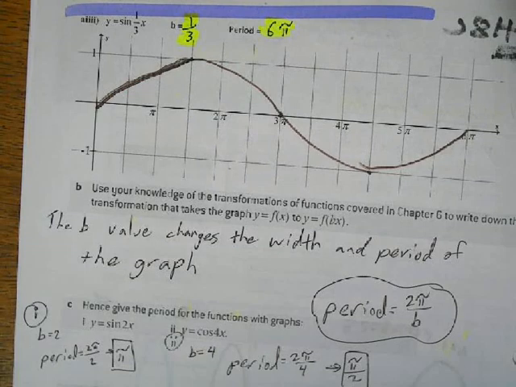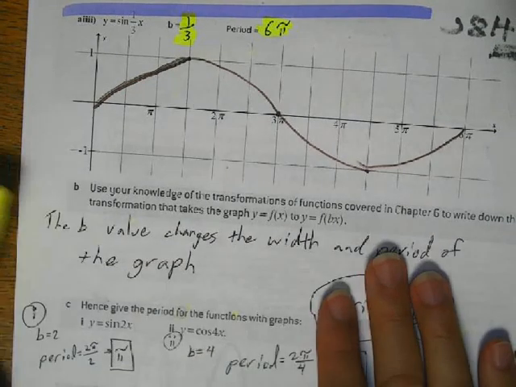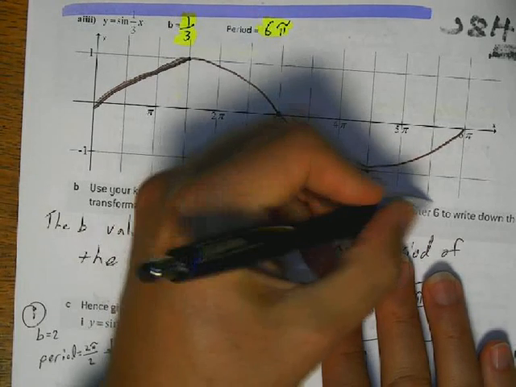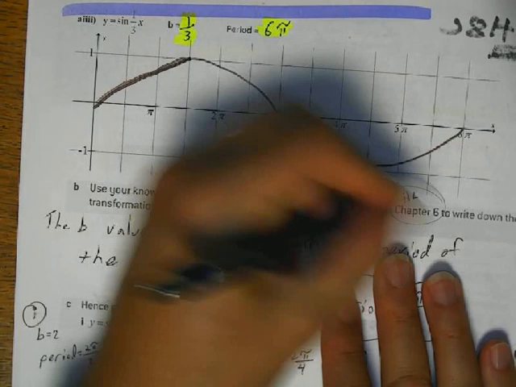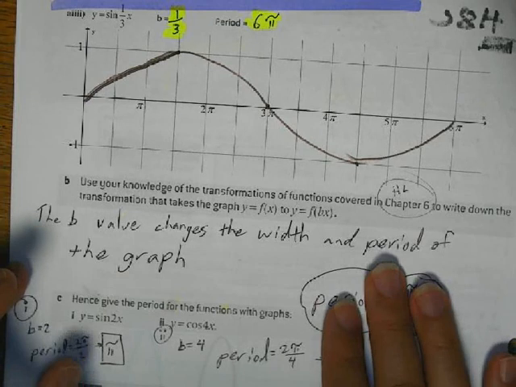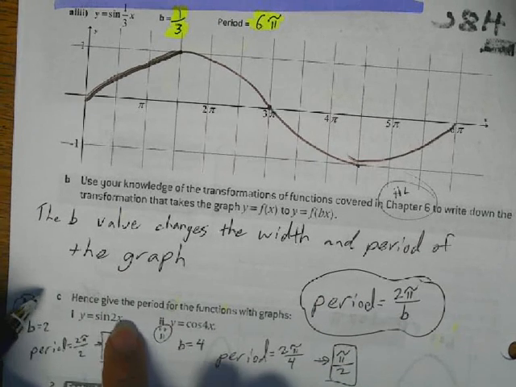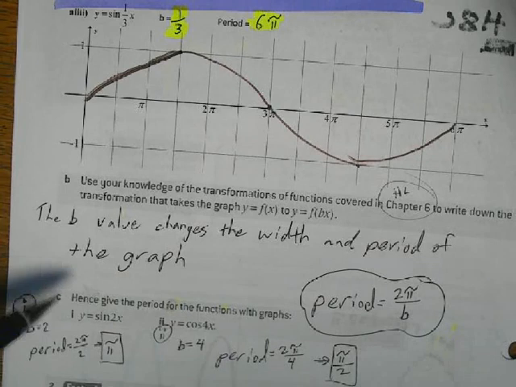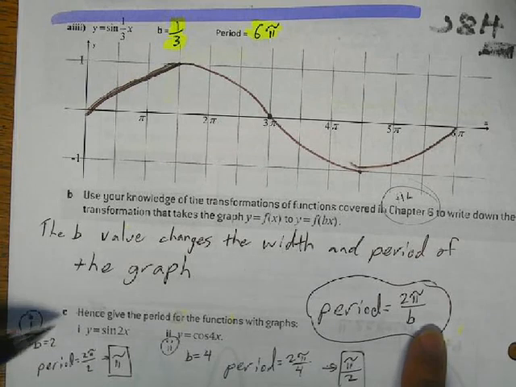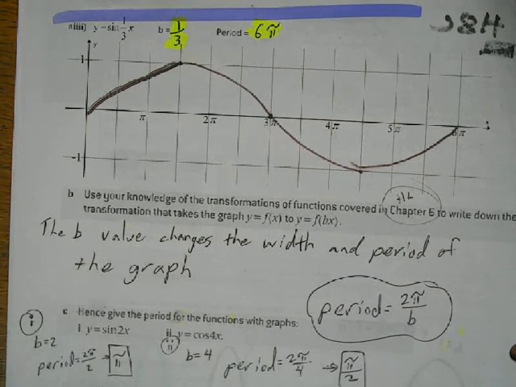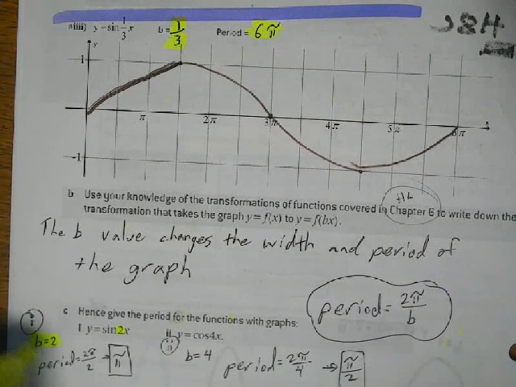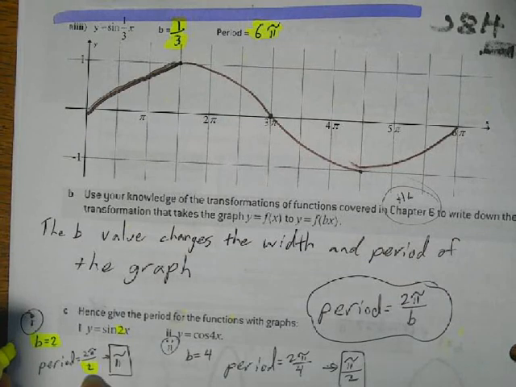So from our knowledge of transformations, and that's chapter 6 of the HL book, but we did this in SL as well, the B value changes the width of the period of the graph, and so we figure out that the period is equal to 2 pi over B. So when my B was 2, I could put that into 2 pi over 2, and we knew the period was pi.